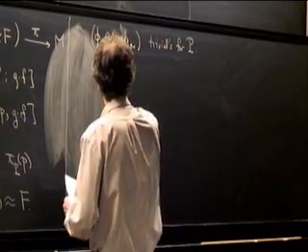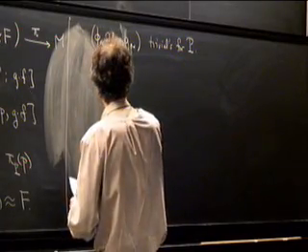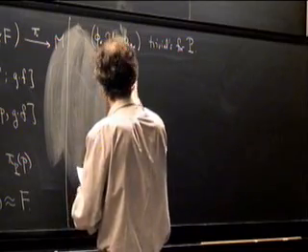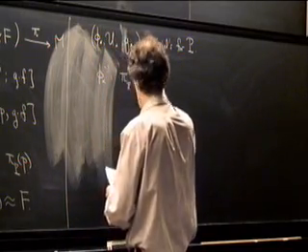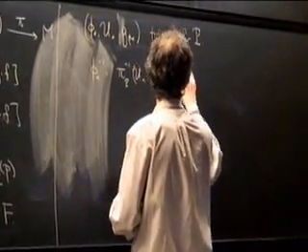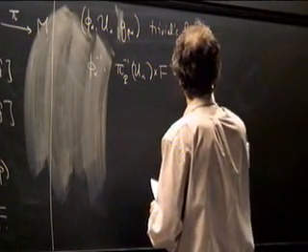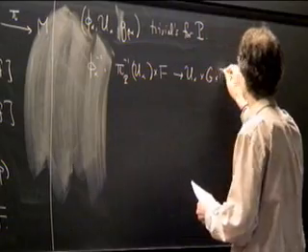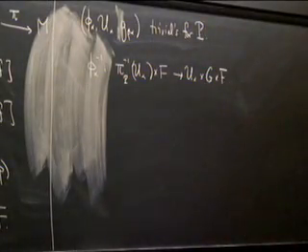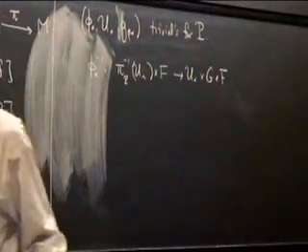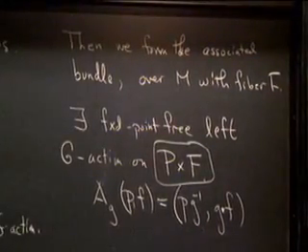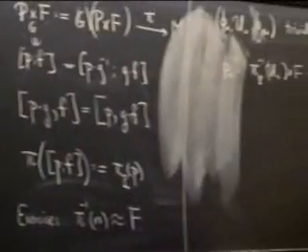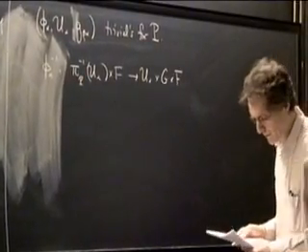So we naturally have trivializations of this space here, right? Because this is just a cross product with F, and we've got trivializations of P. So we certainly have those.